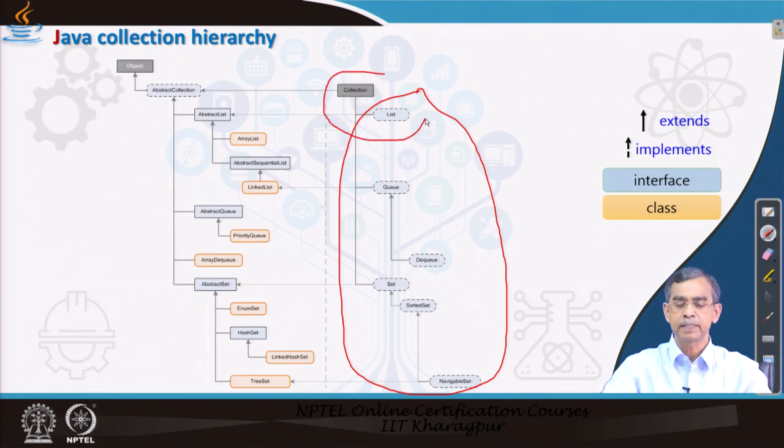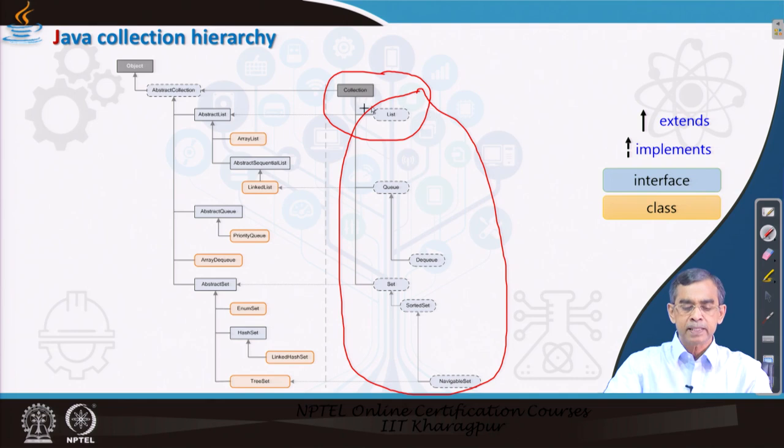Collection is basically the super interface. Here we see List inherits Collection, Queue inherits List as well as Collection, and Deque is inherited from the Queue interface. Interfaces follow the same concept as classes, except that an interface contains methods without bodies.